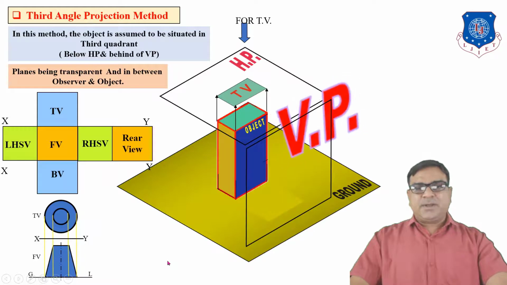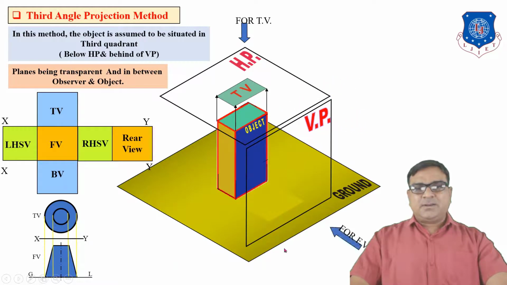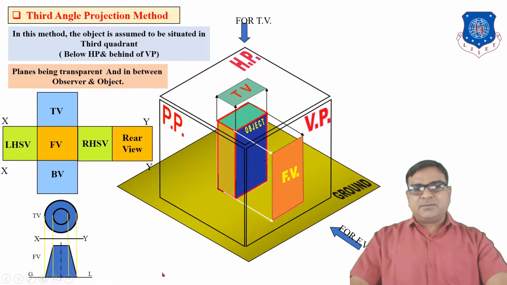Now the vertical plane, the position for the observer for front view, projection obtained from object to plane. This is the front view, and the left hand side view on the profile plane is like this. So here the plane being transparent is in between observer and object.